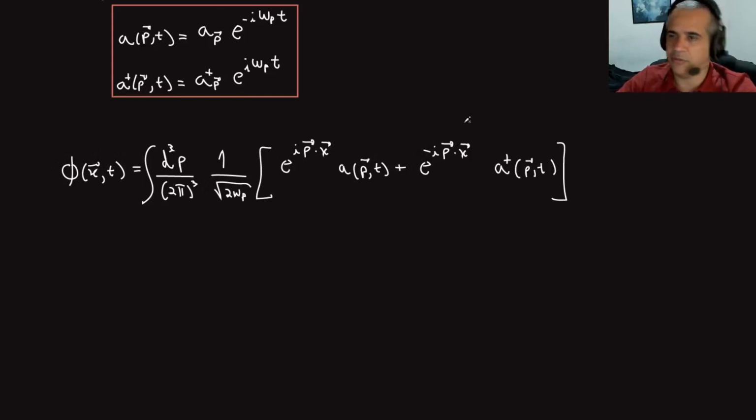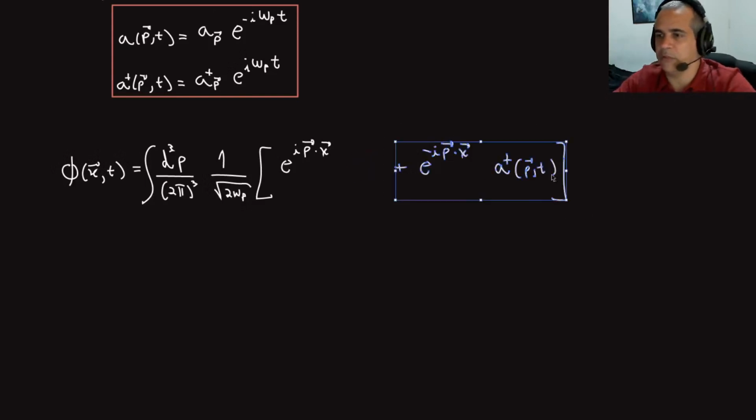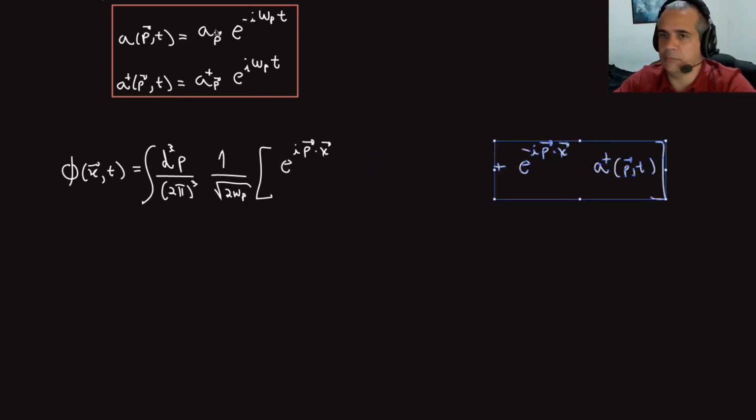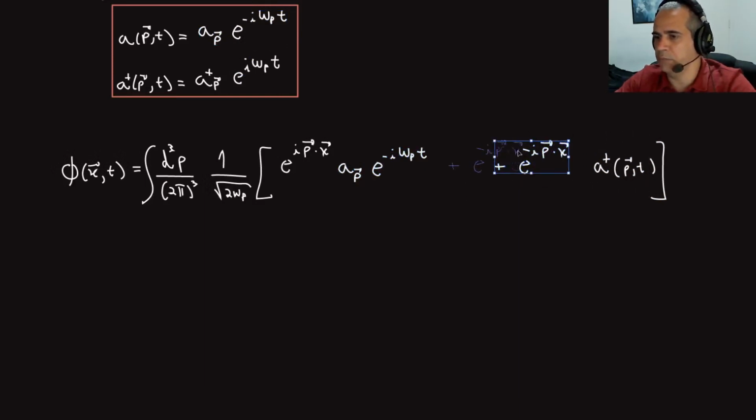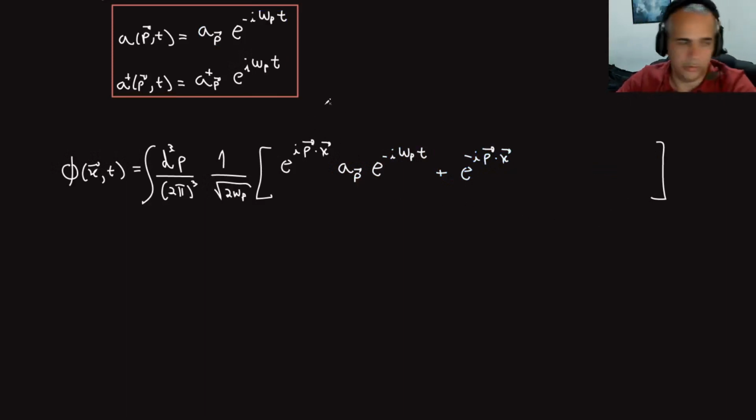And now I use these two expressions. So this one is substituted by this, and this one, A dagger, is substituted by this.